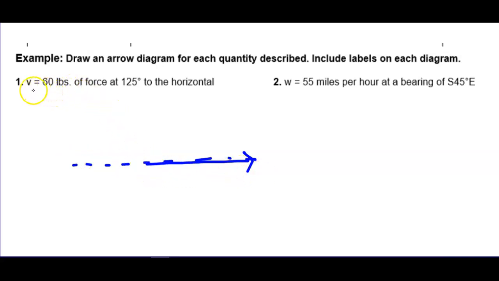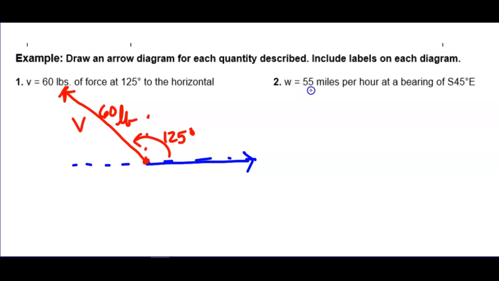The vector, vector v, is 60 pounds of force at a 125-degree angle. So that goes past 90 over here somewhere, and it starts here and ends here, and it has 60 pounds of force, and the angle off the positive x-axis is 125 degrees, and we can label it V.